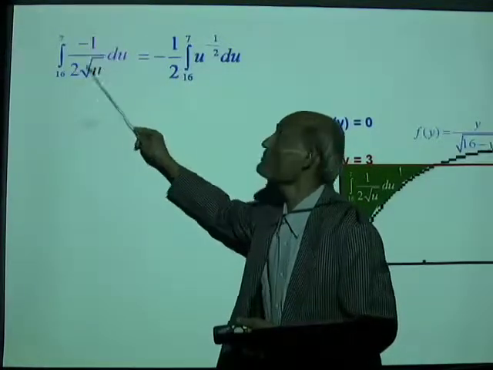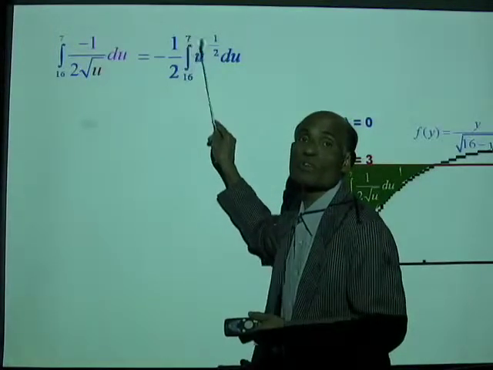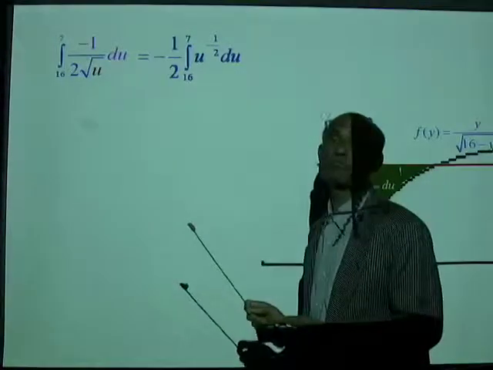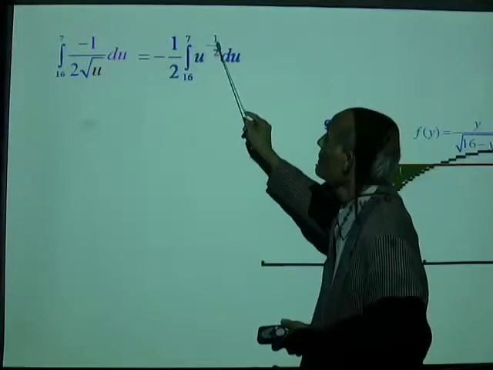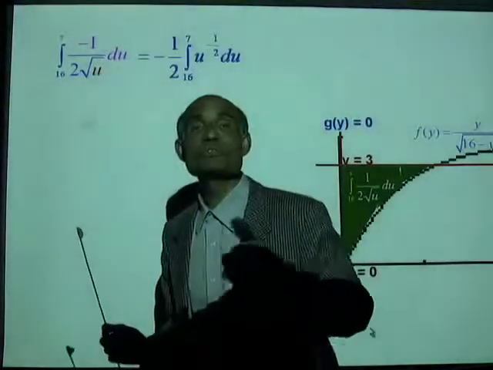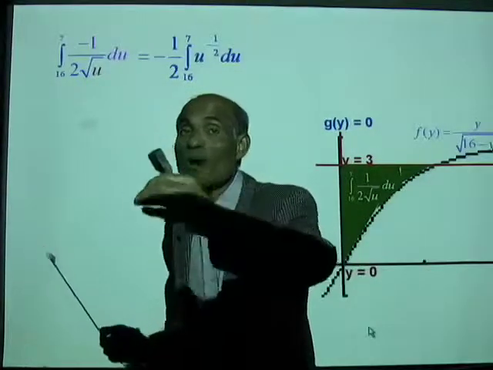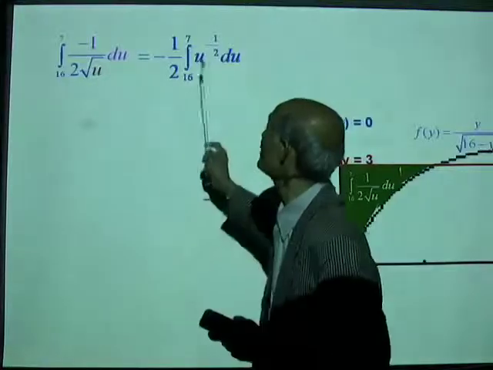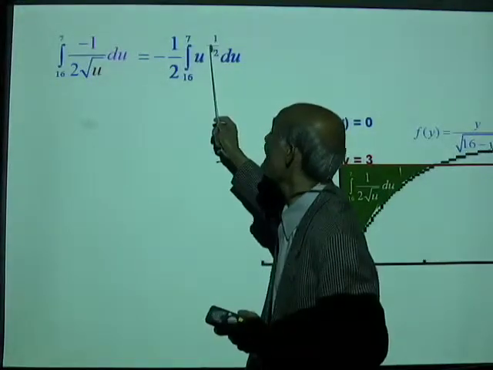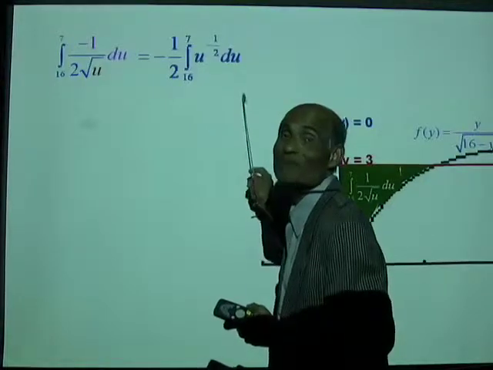That will be negative 1/2 comes out, integral 16 to 7, u to the power of negative 1/2 du. And now you can integrate this. Integral u du is u to the power of n plus 1 over n plus 1. So it will be u to the power of negative 1/2 plus 1 over negative 1/2 plus 1.